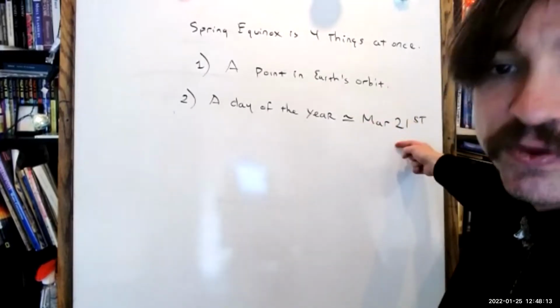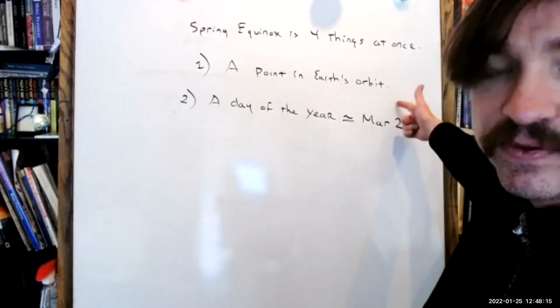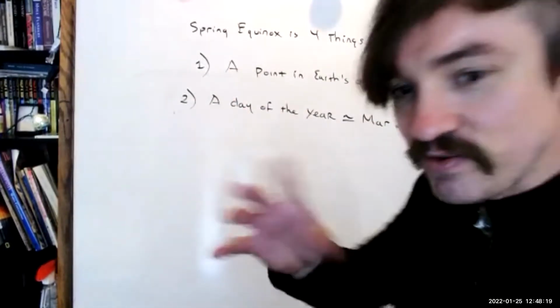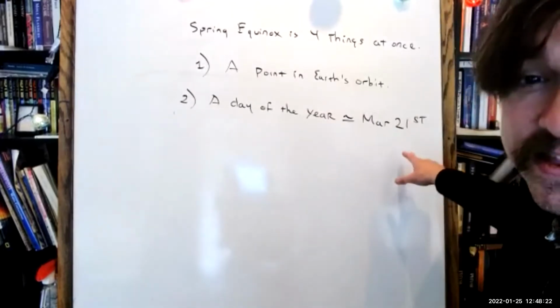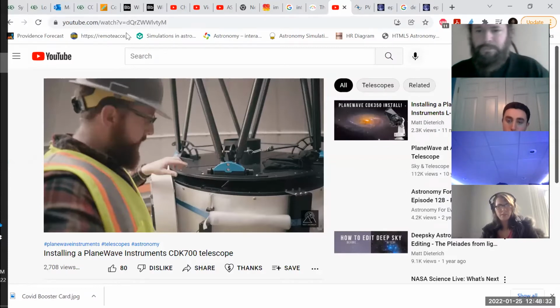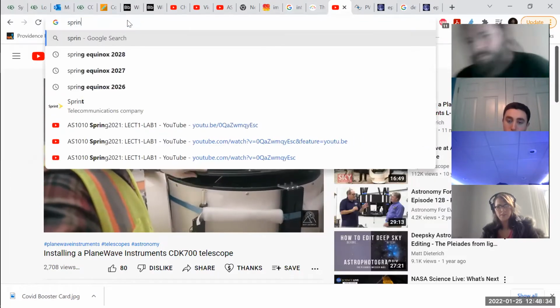It'll be the 20th, the 21st, the 22nd, the 23rd, and then leap years help to reset that. It actually drifts in a slightly more complicated way, and sometimes it can even be on the 19th. Did we talk about this before? What's the spring equinox this year for 2022? I think it's the 22nd, and it's actually the 22nd until like 2025 or something like that.